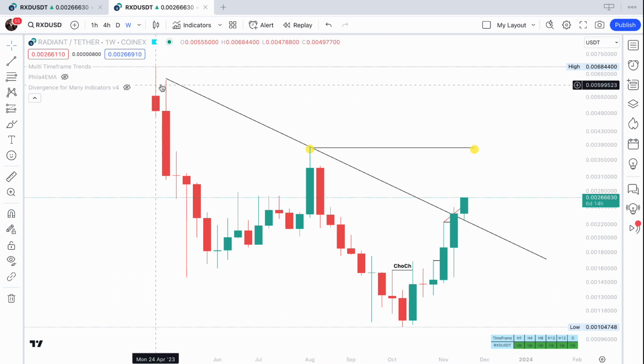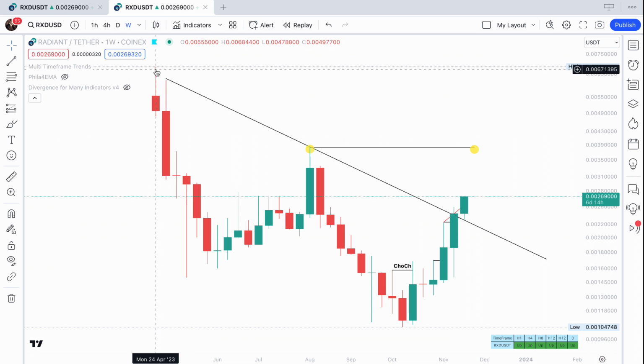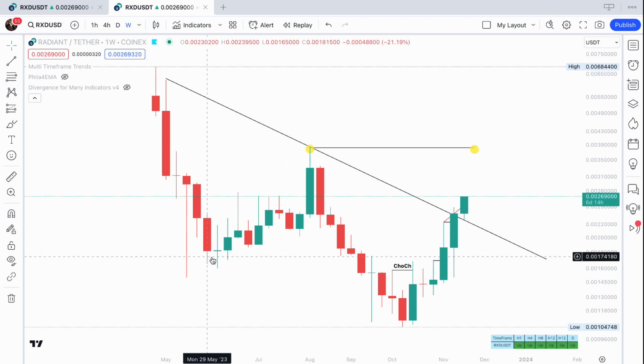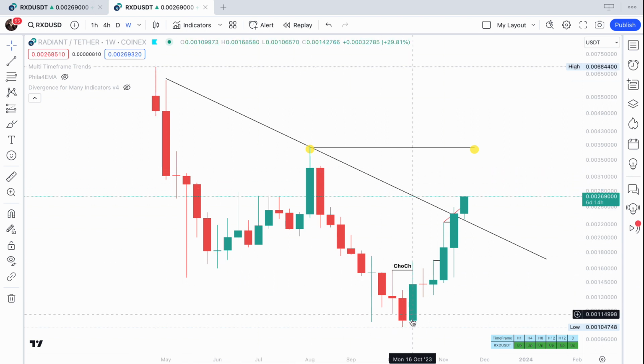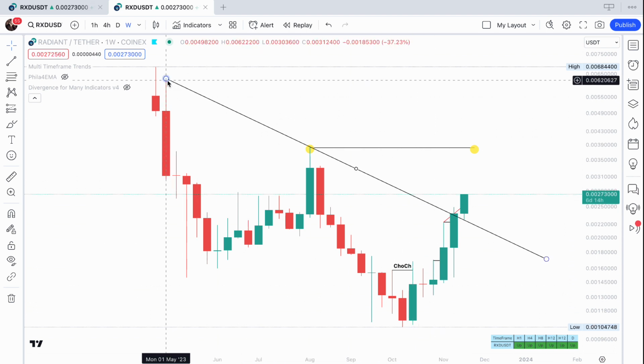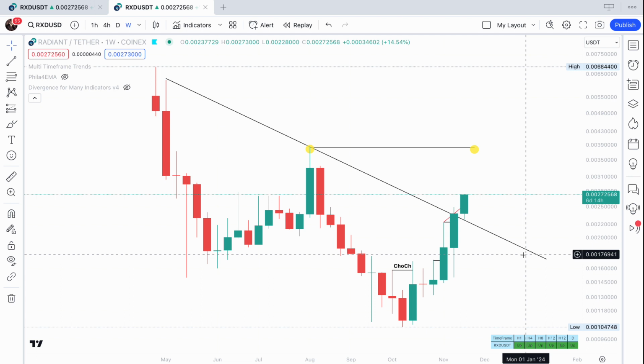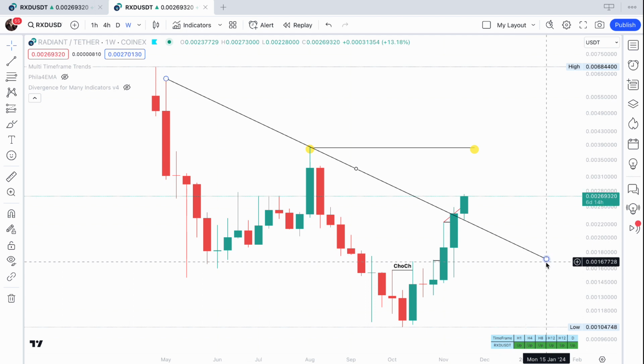So let's look at RXD. You can see that on the weekly time frame it is in a downtrend. Why? Because it had a high, a low, a lower high, and a lower low. Then let's try and find useful trend lines. You see that we can connect all the highs and we have some sort of a trend line.